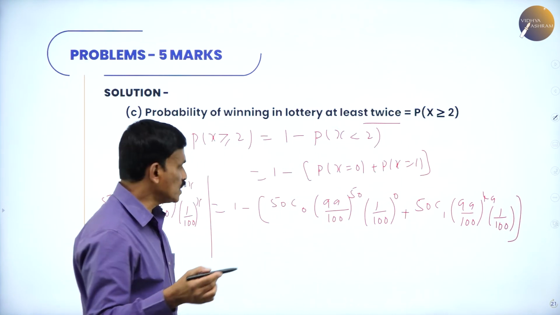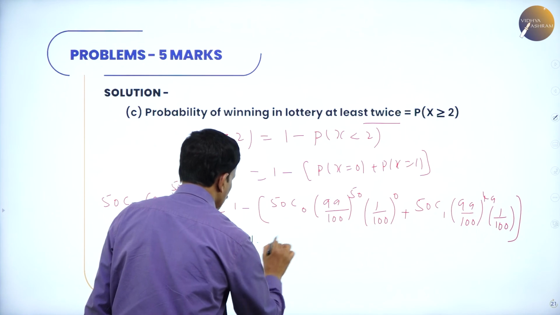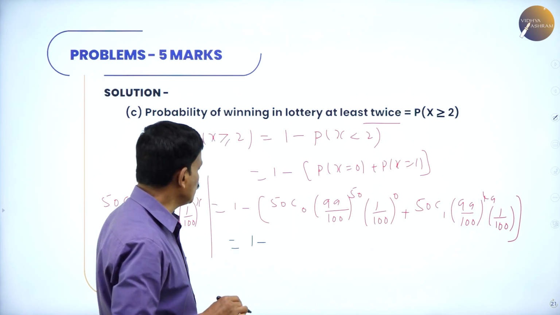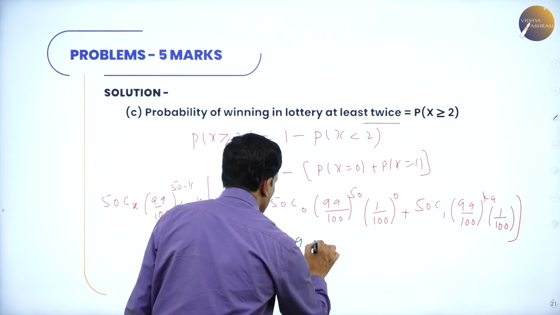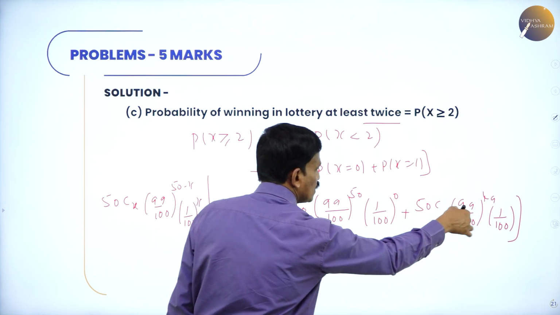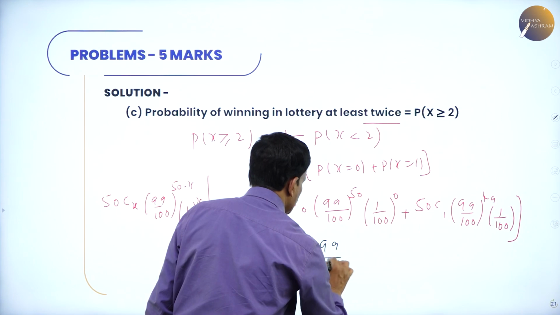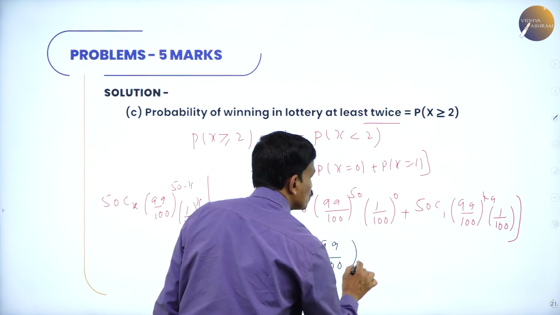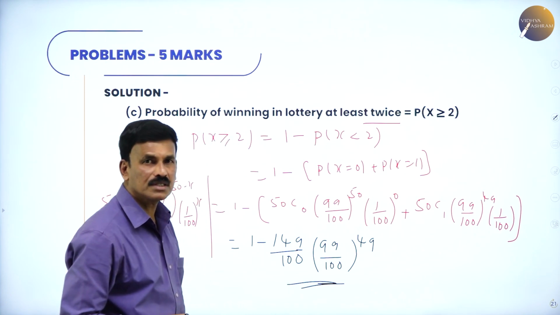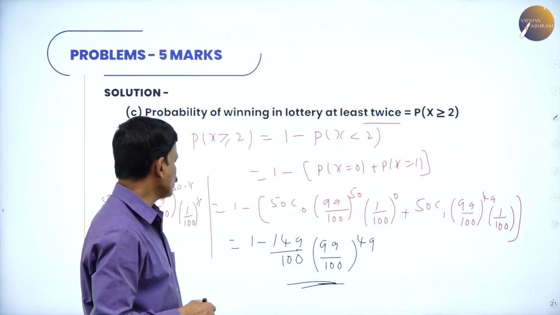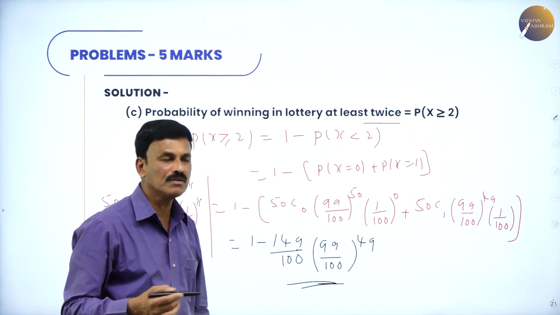Let us simplify this. After simplification, we get 1 minus 149/100 into (99/100)^49.